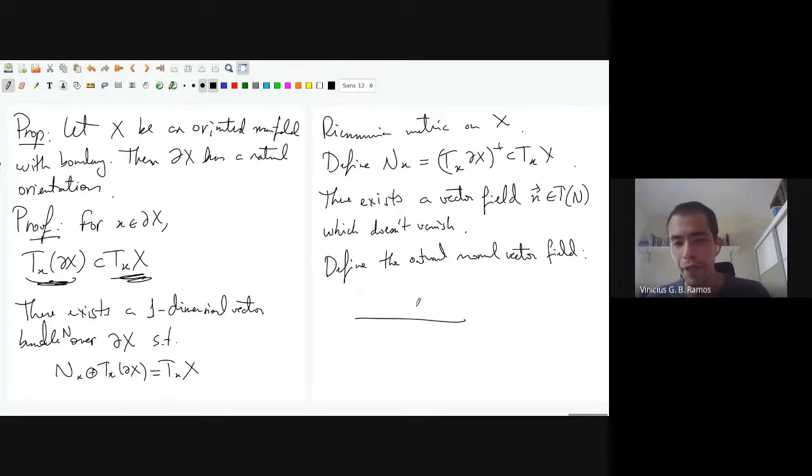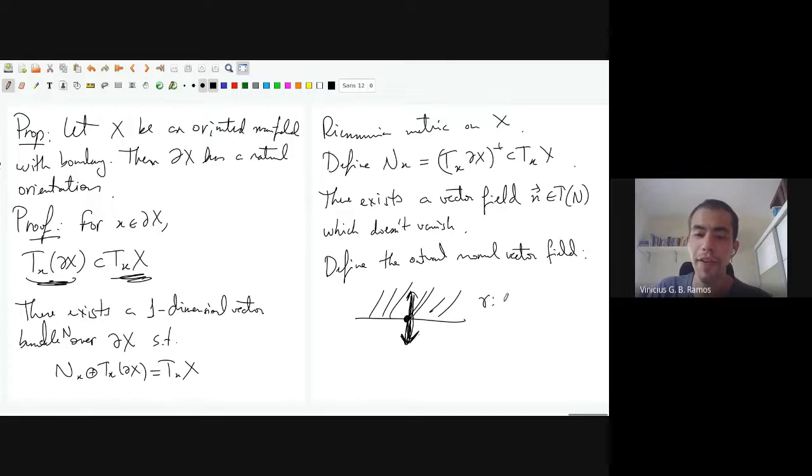Well, for every point on the boundary, if you look at the normal tangent space, that's a one-dimensional space, and that basically has two directions: the one that's pointing out and the one that's pointing in. So you can just pick the one that's pointing out.